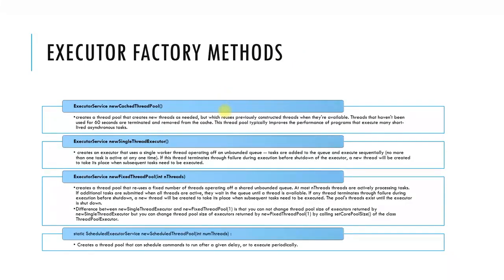Okay, executor factory methods. We can create an instance of the executor using four methods. Firstly, newCachedThreadPool, which creates a thread pool that creates new threads as needed, but reuses previously constructed threads when they are available.